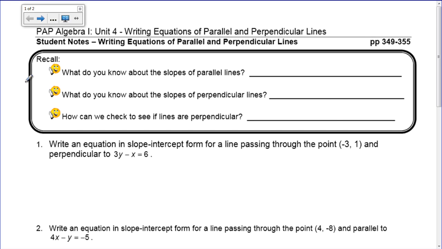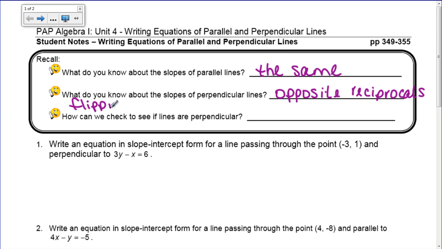So remember some things to know. First of all, what do you know about the slopes of parallel lines? Well, slopes of parallel lines are always the same. Slopes of perpendicular lines are what we like to call opposite reciprocals. And if you'll remember, what that means is they are flipping opposites.